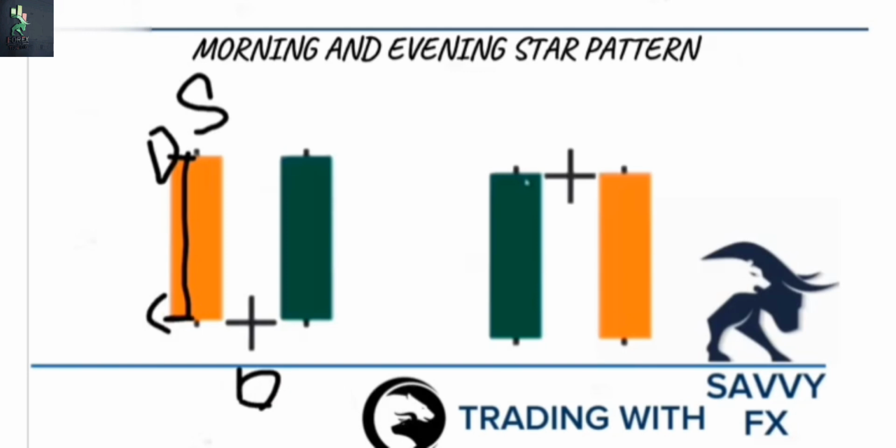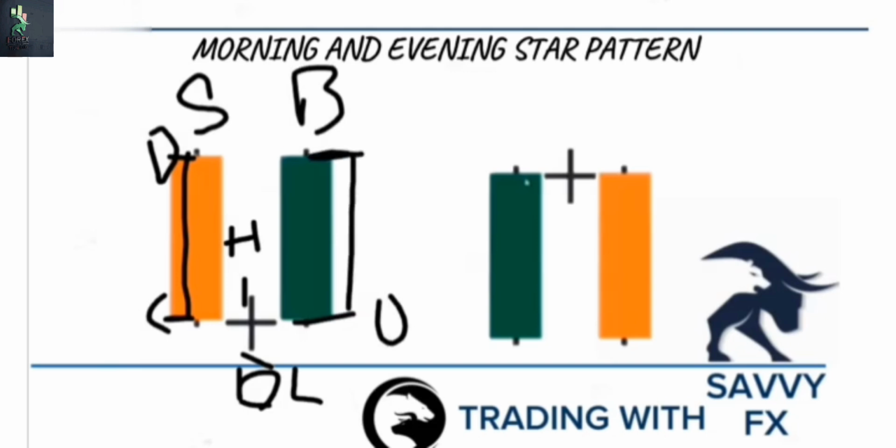When reading this pattern, it indicates that the open and close are the same. At one point, this was the highs of the section, and at another point, it was the lows of the section. Both the highs and lows wicks are the same, so it tells you that there is indecision in the market. In the third candle, the price opened and pushed higher, finally closing near the highs.